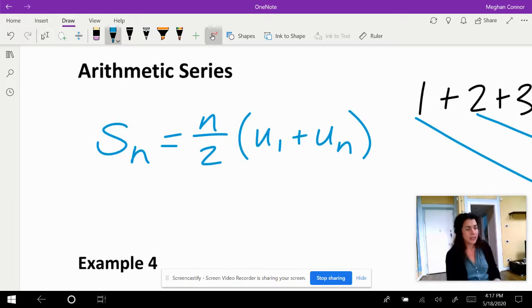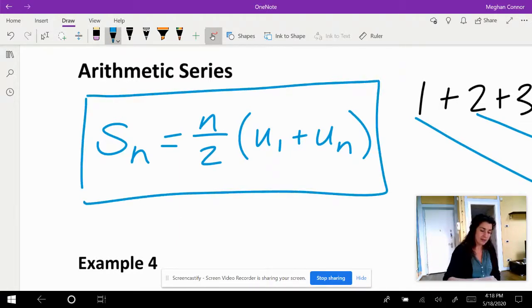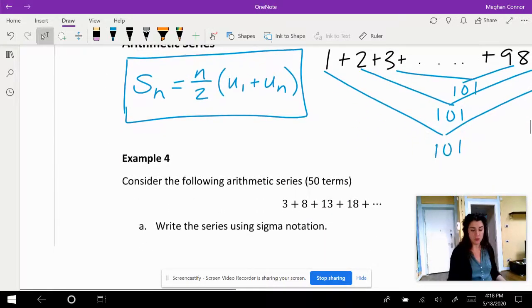There's a second one in there for if you don't know what your last term is. So that's why there are 2 versions of the formula in there. I think either way, this is one I've always taught, and I think it's pretty straightforward on how to find it.